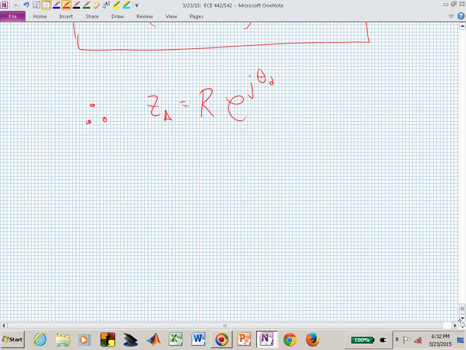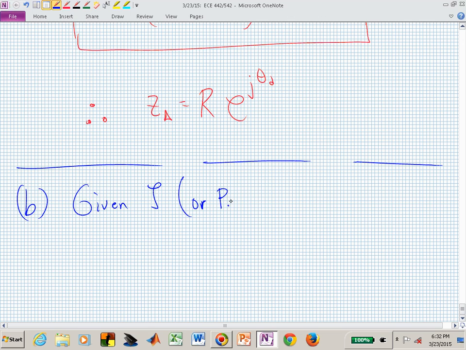What if somebody gave us a different combination? Suppose somebody gave us zeta. What's that equivalent to? Instead of zeta directly, what kind of performance spec have they maybe given us? Percent overshoot.